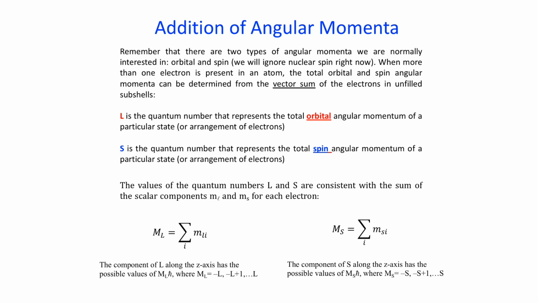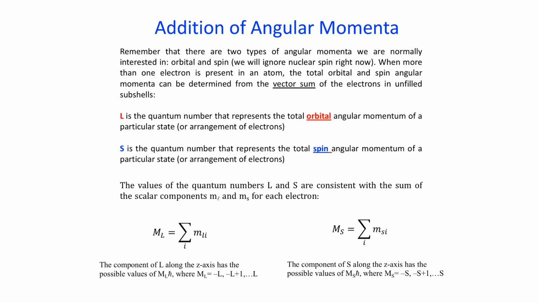Okay, and again we get possible values of big M sub L h bar, where M sub L can range from minus L to minus L plus 1 all the way up to plus L. Hopefully you're seeing the similarity with what we've already talked about for our individual electron quantum numbers and how we label those.